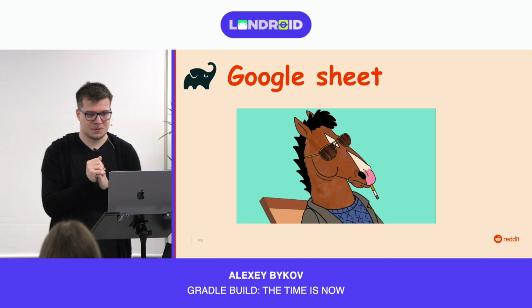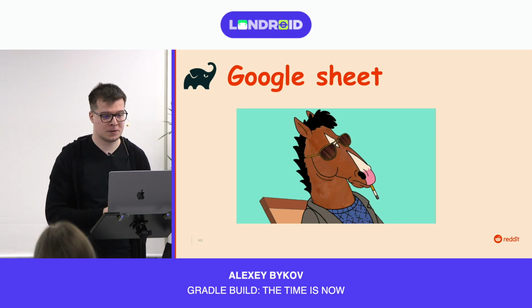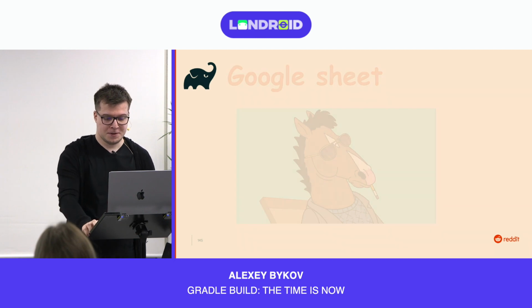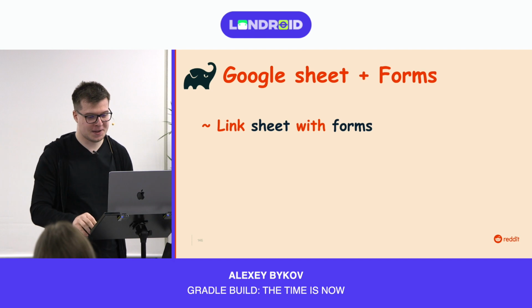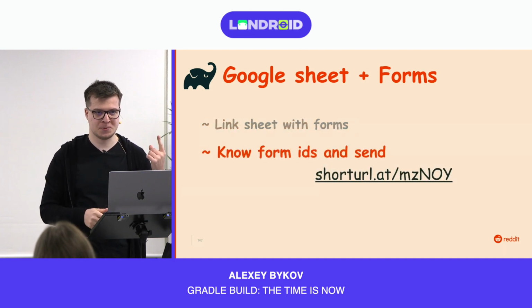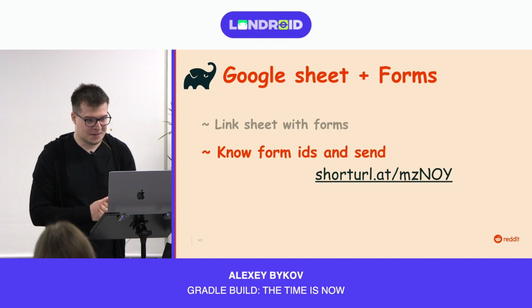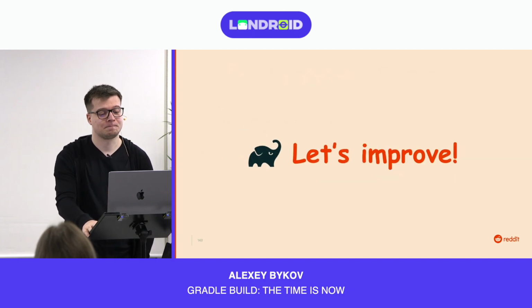Just use Google Sheets. It's really pragmatic to start, and it won't take a lot of time from you. You can even link Google Sheets with Google Forms, and you can fill that form via just one HTTP request with a single line.